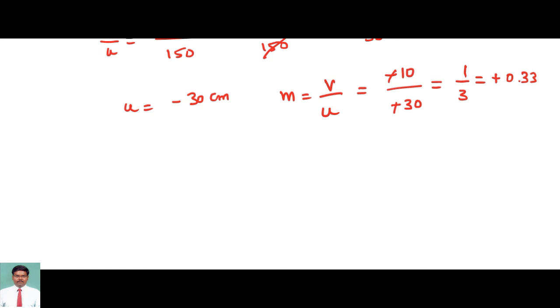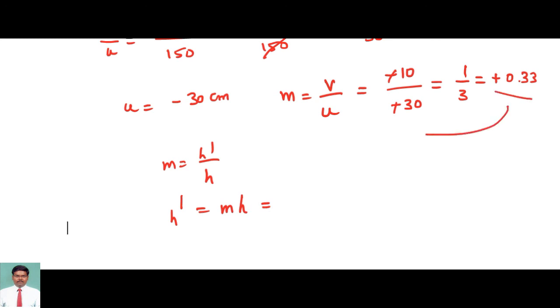Now we try to analyze the size of the image that is formed. We know another formula, m is equal to h prime by h. m is the magnification, h prime is the height of the image, and h is the height of the object. I can rewrite this equation as h prime equal to m times h, and I know the value of m.